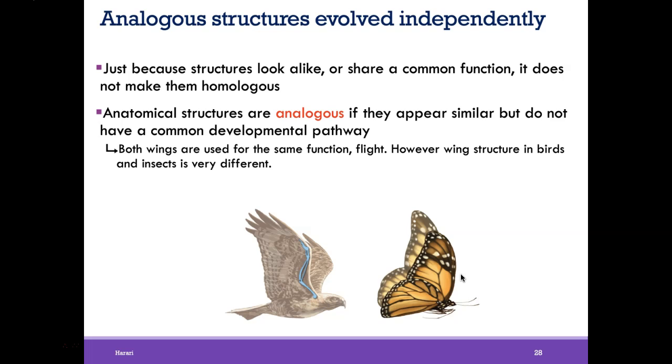So for example, the wings of a bird and the wings of an insect are both used for flight, and they look similar. However, the way that wings develop in birds is completely different from the way that they develop in insects. They're made of different things. They don't have a common developmental pathway. So therefore, we can say that these are analogous and not homologous.